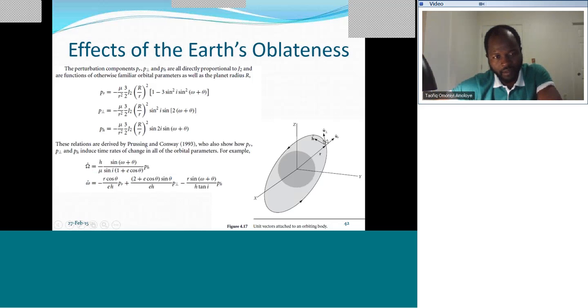We can see from here that the time rate of change of the right ascension is a function of just the component of the perturbing acceleration in the direction normal to the orbital plane, but the rate of change of the argument of the perigee is dependent on all components of the perturbing acceleration.